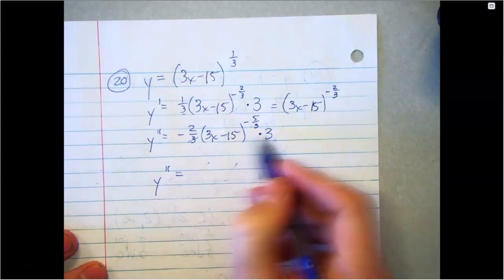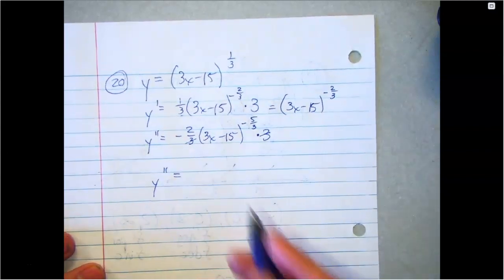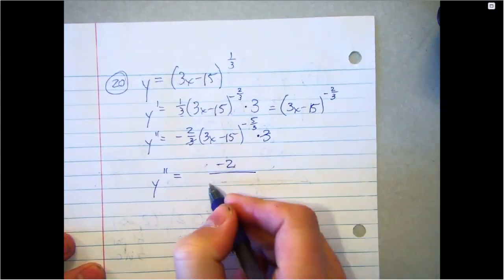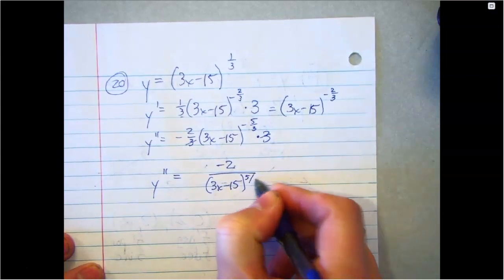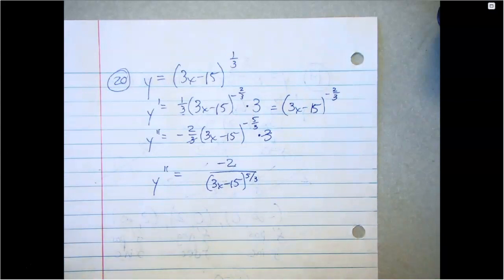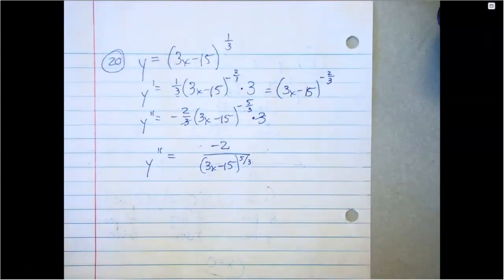These 3's are going to cancel. We have a -2 on top and (3x minus 15) to the 5/3 on the bottom. With me so far? Remember how to take derivatives, multiply, stuff.